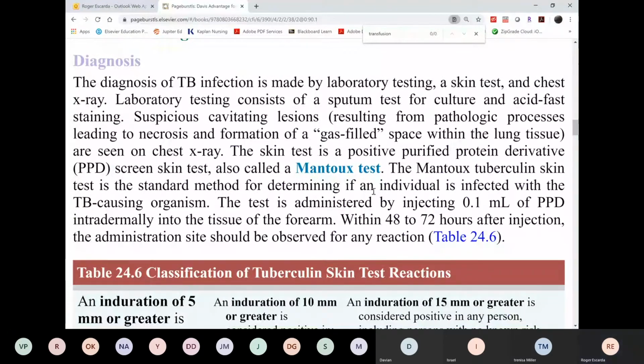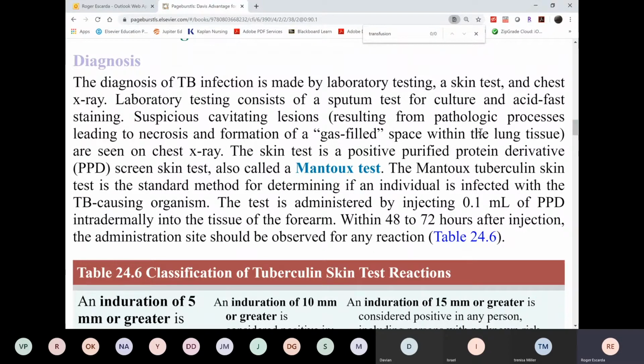So you're aware of Quantiferon, right? And then we also have the T-SPOT TB test. There's another DNA-based testing.